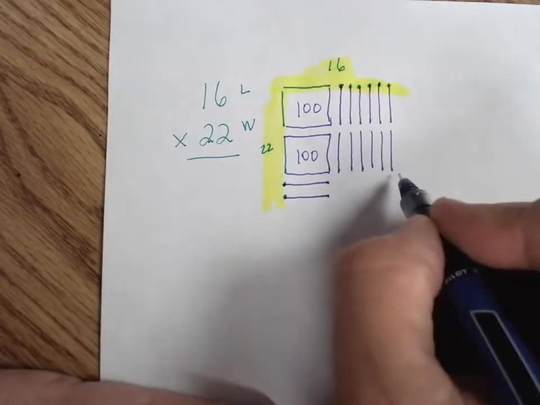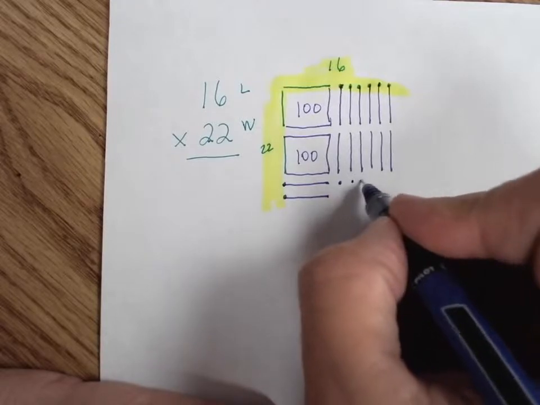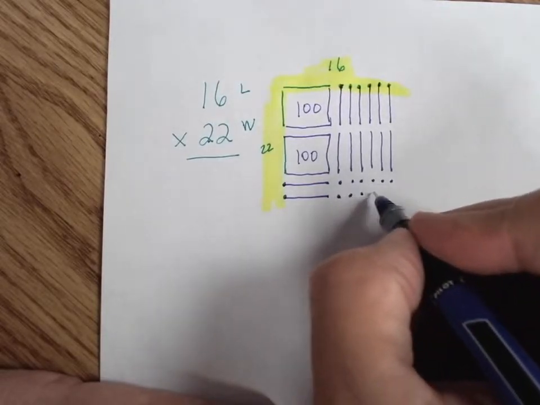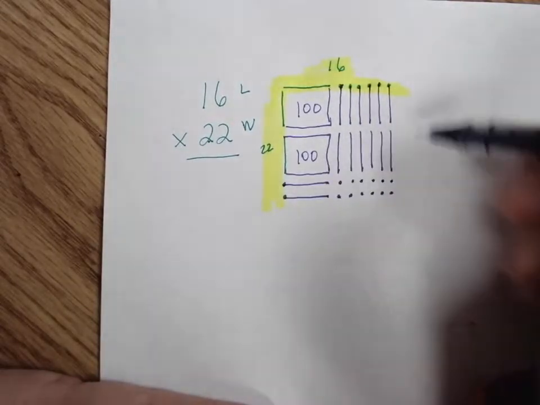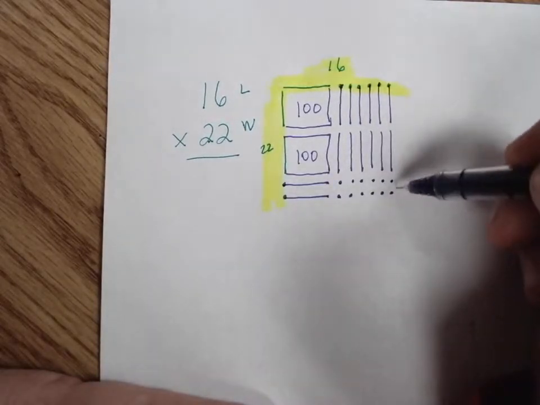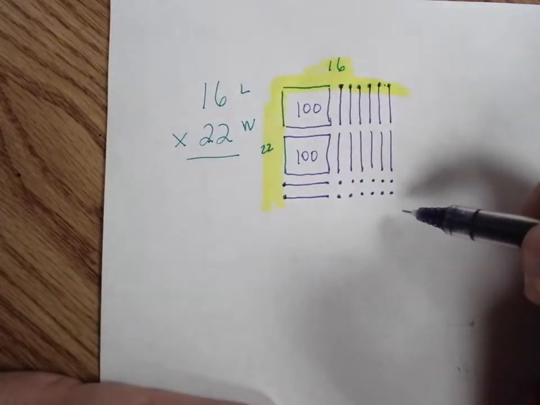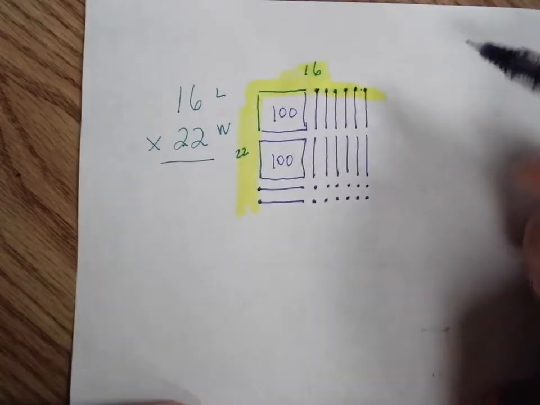Now these cannot be 10 because it's only 6, and this is 2. So we could put 6 ones here and 6 ones here. Now we have an array, and it is 22 on this side and this side, 16 here and 16 here. So now we can just add up our total.